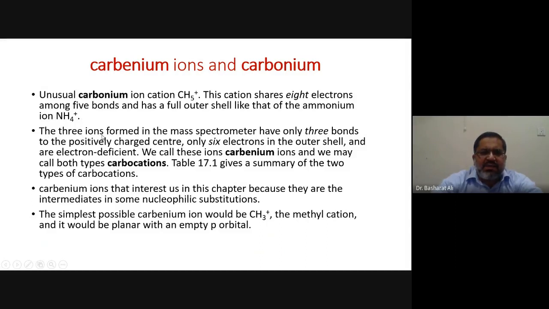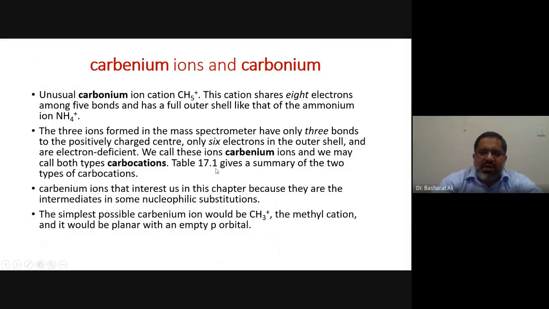The three ions formed in the mass spectrometer have only three bonds to the positively charged center, only six electrons in the outer shell, and are electron deficient. We call these ions carbenium ions, and we may call both types carbocations.